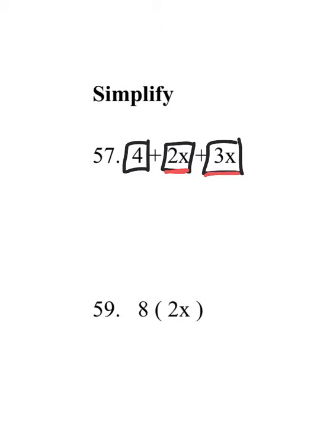Those are going to be like terms, so I can combine those. And it tells us that we're adding. So 2x plus 3x is going to be 5x, because 2 plus 3. And 4 doesn't have a variable, so that makes it its own term. It's not similar to any of the other ones. So I'm just going to bring down the 4. Don't have to do anything with it, can't go any farther. So simplified, this is 4 plus 5x.